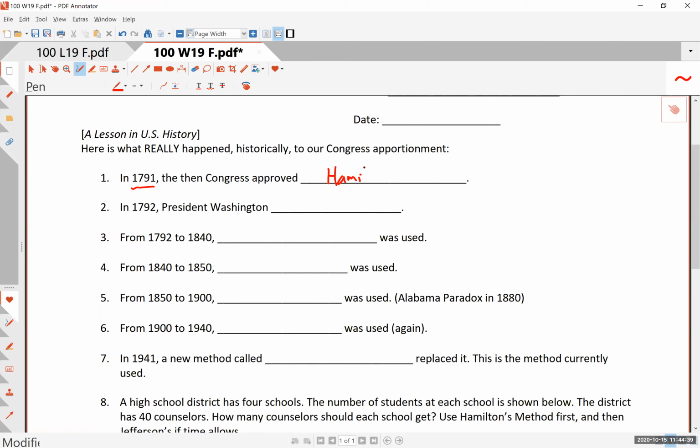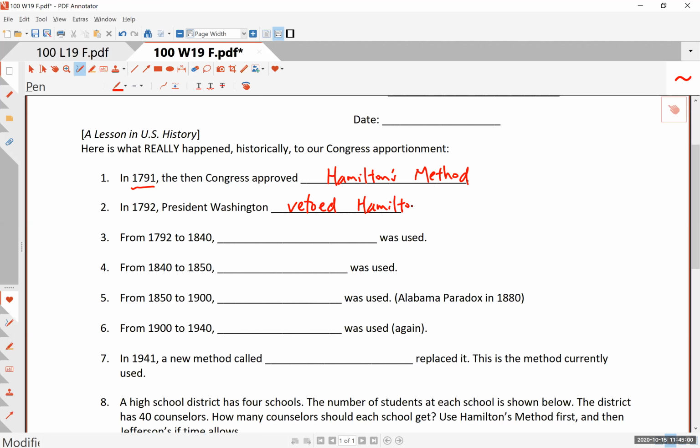This was an easy one, a no-brainer. So that makes sense, and they decided to do that, but the following year, President Washington vetoed Hamilton's method.